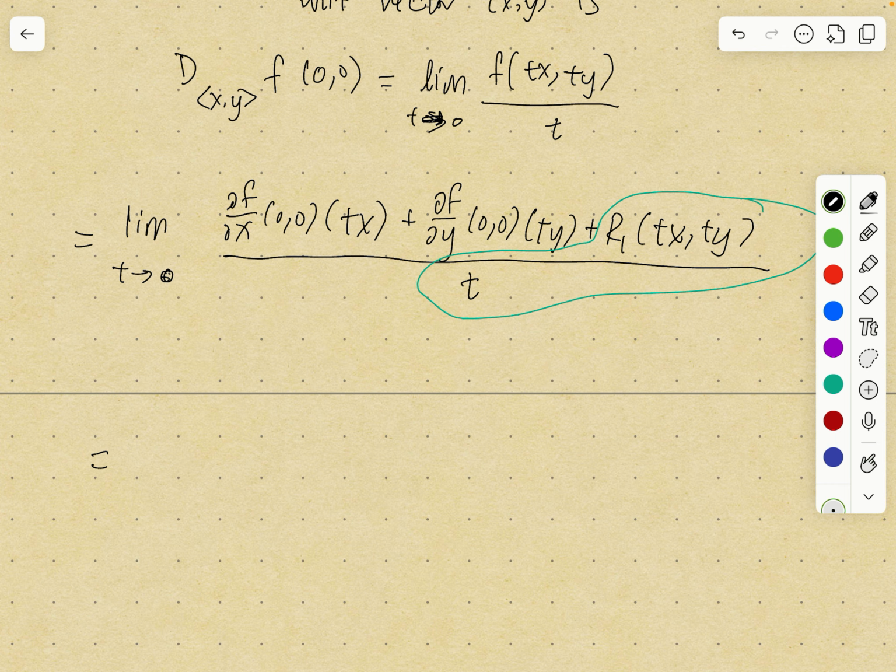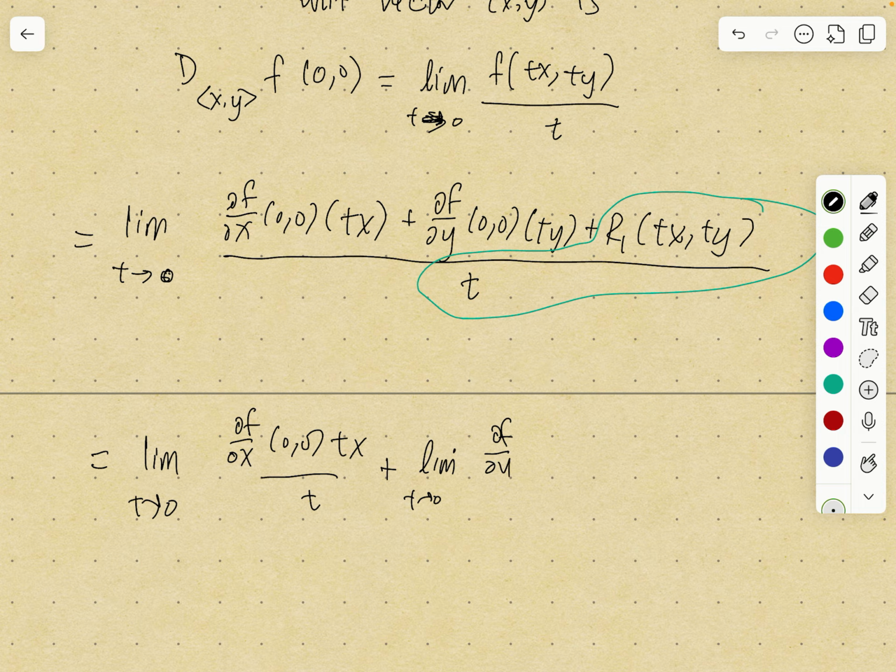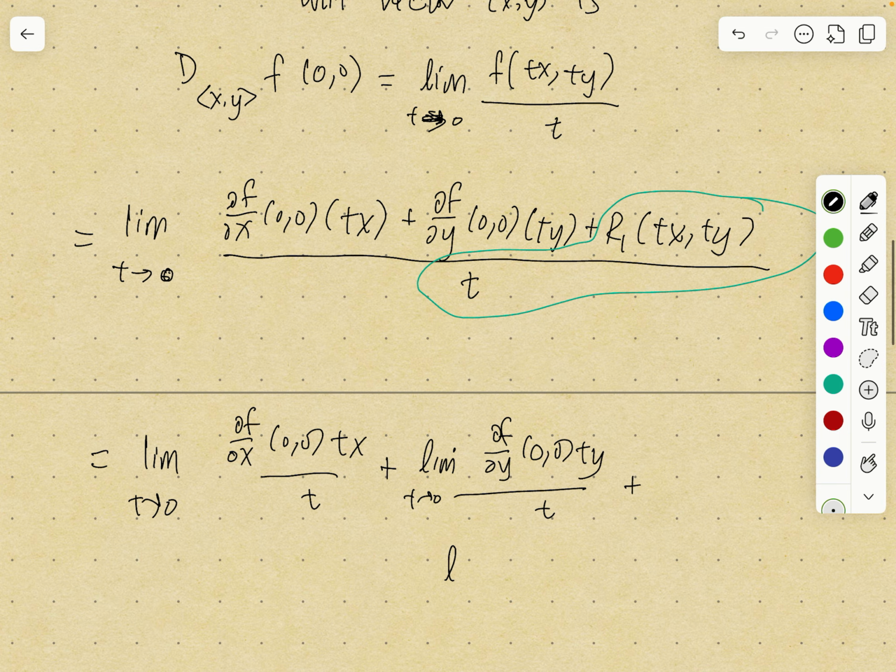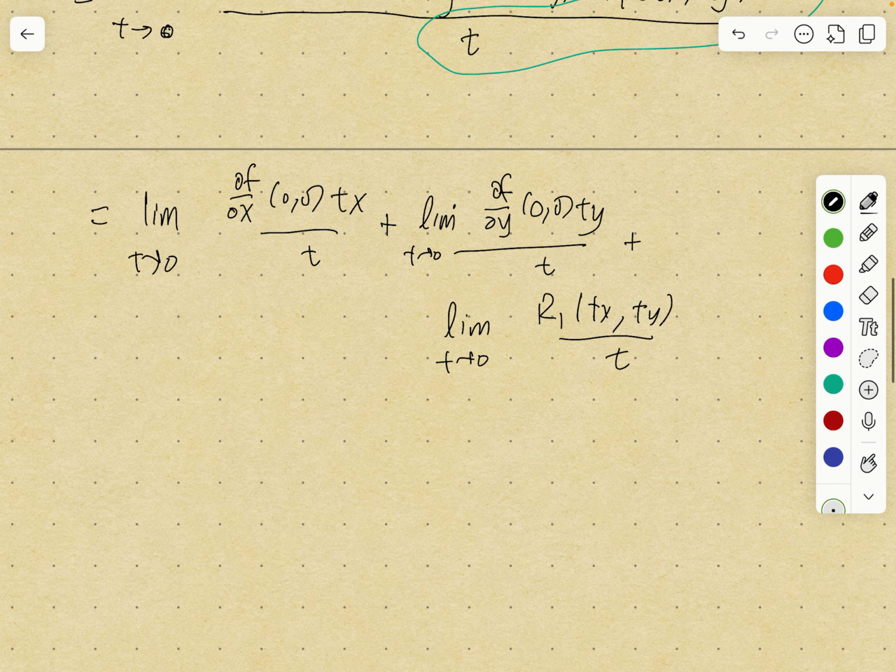So we can split up this thing into the limit as t goes to 0 of partial f, partial x, 0, 0 times tx divided by t, plus the limit as t goes to 0, partial f, partial y, at 0, 0 times ty divided by t, plus the limit as t goes to 0 of r sub 1 of tx comma ty divided by t. Of course, this is assuming that the limit exists, but we're going to show that the limits exist.